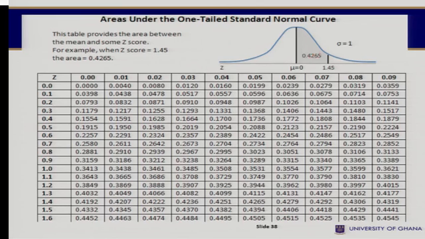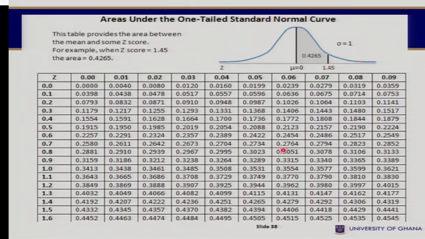Earlier on, we wanted to calculate the probability that z was greater than 1.42, and we got our answer as 0.0778. Now, to read from this table, we know the total area to the right of 0 is 0.5, and this table is called the half table because it gives the area under the curve from 0 up to the z values.